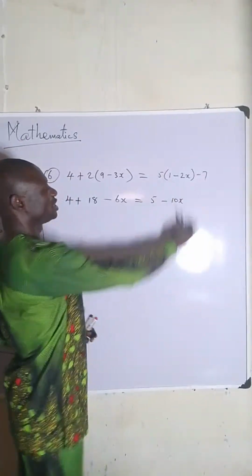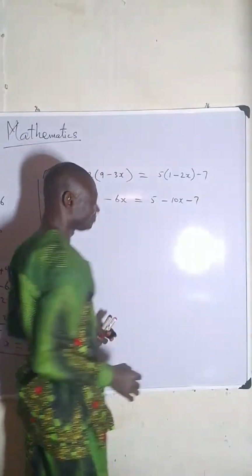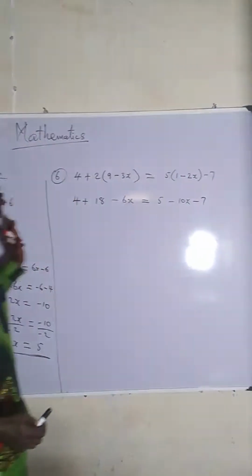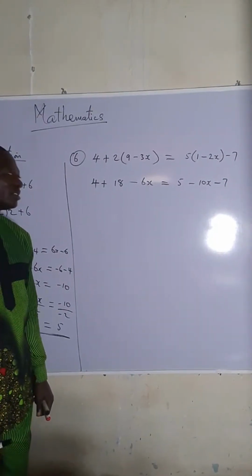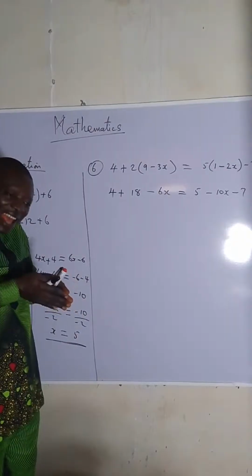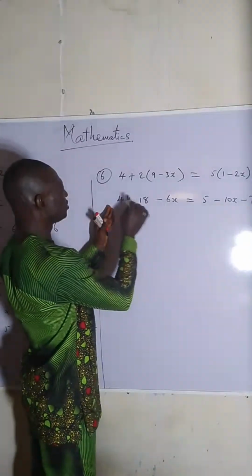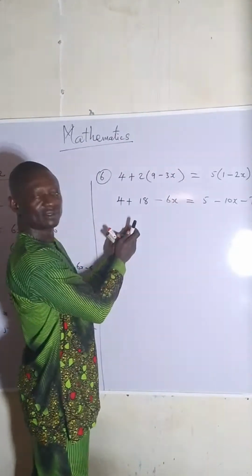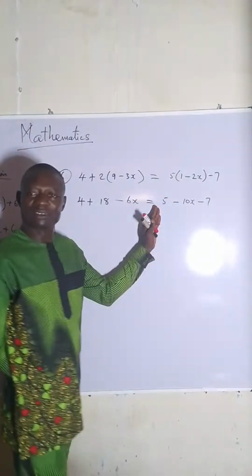Now we have finished opening the bracket, we bring in minus 7. We have finished opening the whole bracket. Remember. And the next thing we should be talking about is, okay, let us collect like terms within the sides. On the left hand side, we have 1, 2 as being like terms. On the right hand side, we have 1, 2 as being like terms.